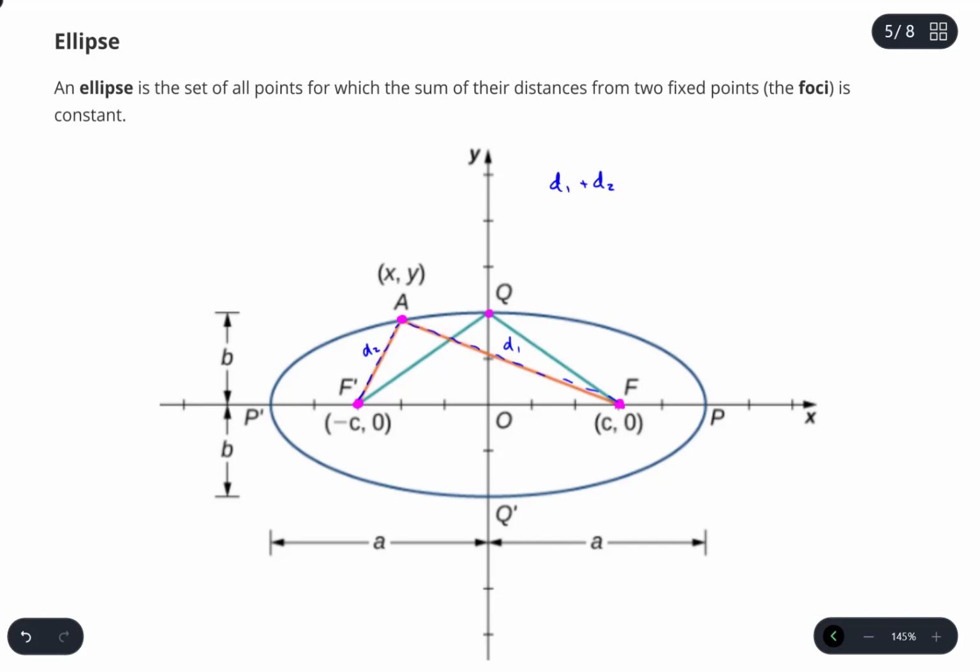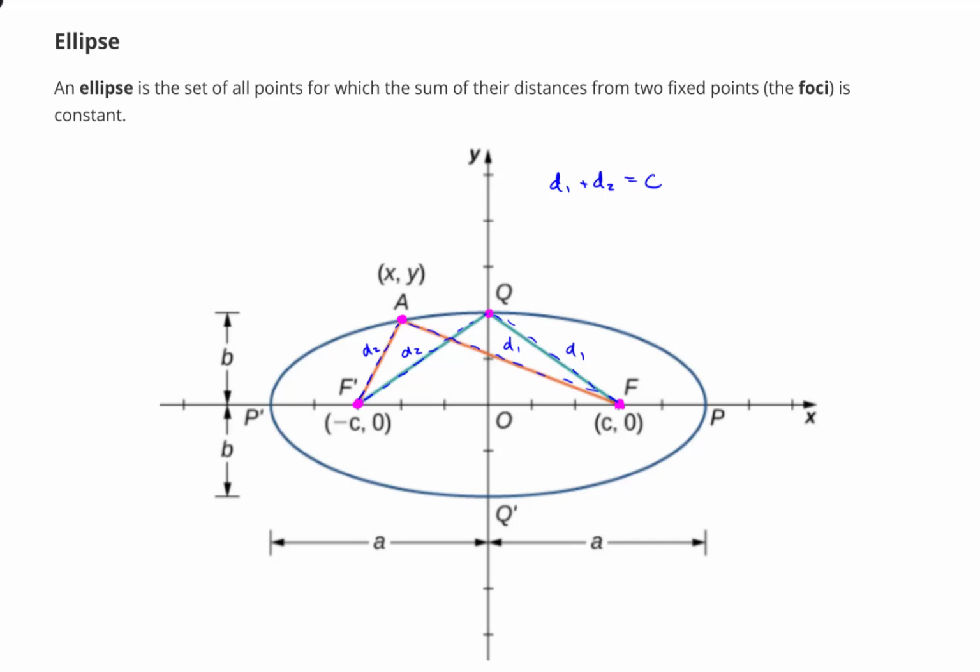So D1 plus D2 equals some constant value C. And that would be true even at a different point. I'll call this D2 again, even though clearly it's not the same length, but the sum of these two lengths would always be the same value. And that's how an ellipse is formally defined.